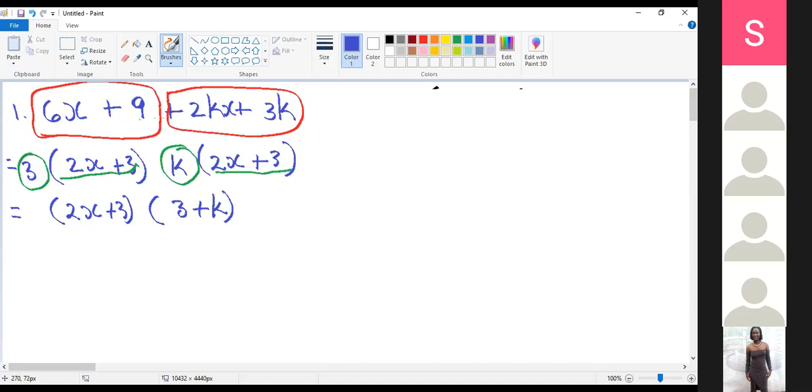If you don't get that back, the answer is wrong. If what you have in the two brackets is not the same in the second step, your answer is going to be wrong. Anybody not understanding so far? All right, so everybody is understanding.